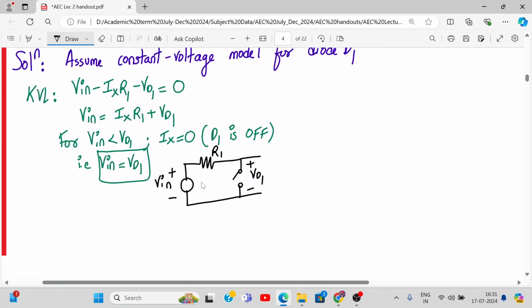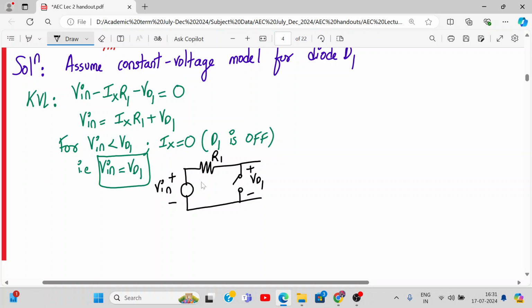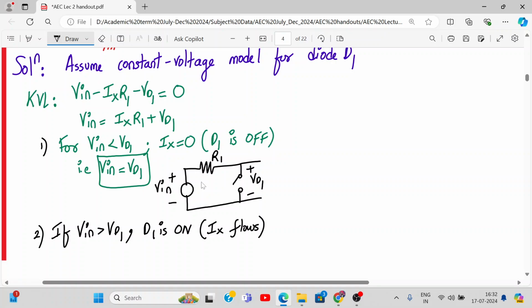Okay. Now, in the second case, this is the first case. In the second case, if V in is greater than VD1 or VD on, what will happen? The diode D1 is on and current IX flows in the circuit.